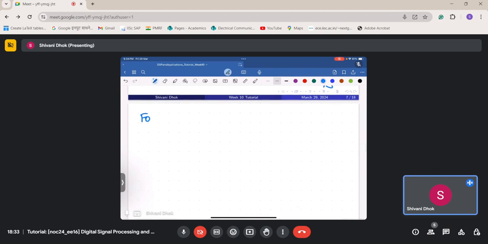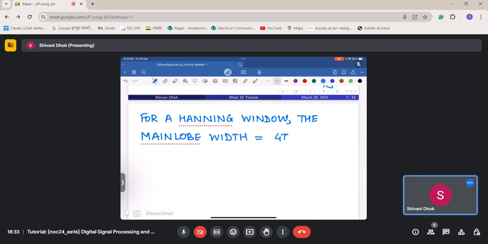In the lecture we had discussed that for a Hanning window, the main lobe width is given by 4 pi by N, and this window belongs to k running from -N to N, which means the window length is 2N plus 1, and we need to find this.